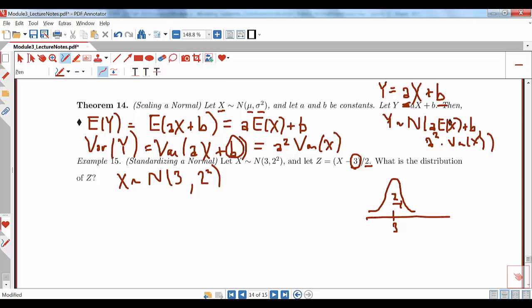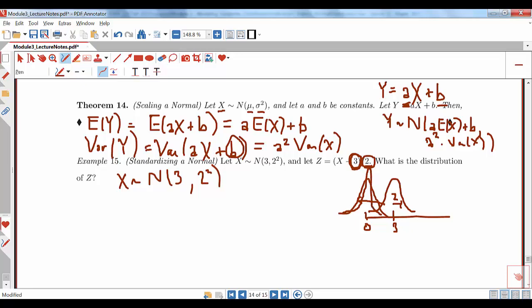Now I'm going to standardize it. If I subtract 3 from this random variable, I'm shifting it 3 to the left. So now this random variable is going to be centered at 0. And by dividing by 2, I'm actually changing the stretch of this curve, making it a little bit tighter. So it should look like that.